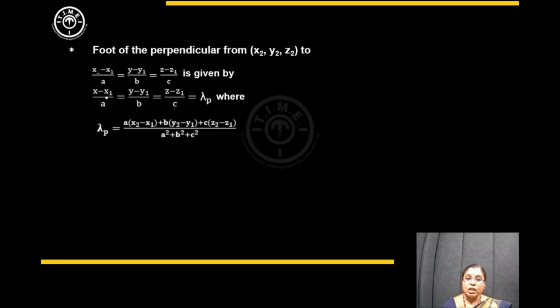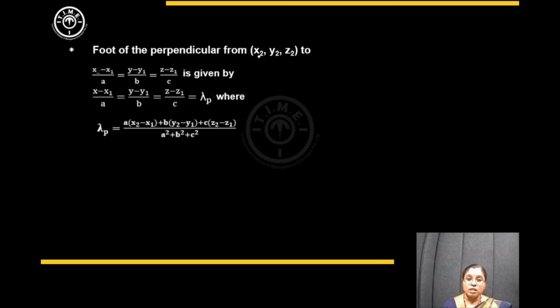The foot of the perpendicular is obtained using this formula: (x minus x1) by a equal to (y minus y1) by b equal to (z minus z1) by c equal to lambda p, where lambda p is a into (x2 minus x1) plus b into (y2 minus y1) plus c into (z2 minus z1), divided by a square plus b square plus c square.